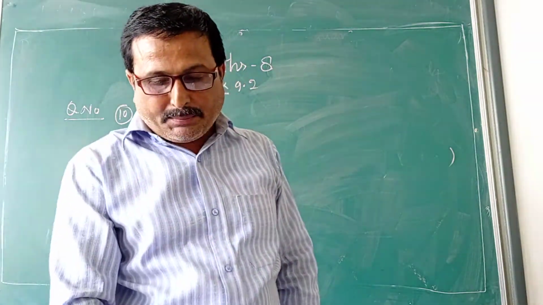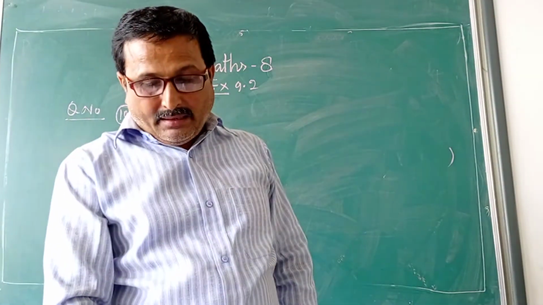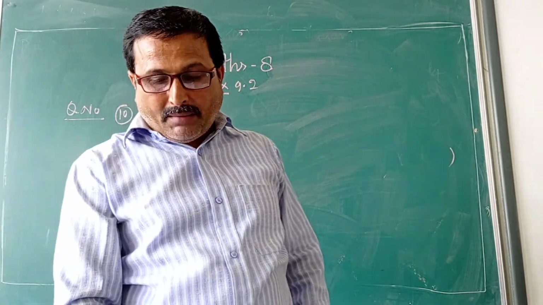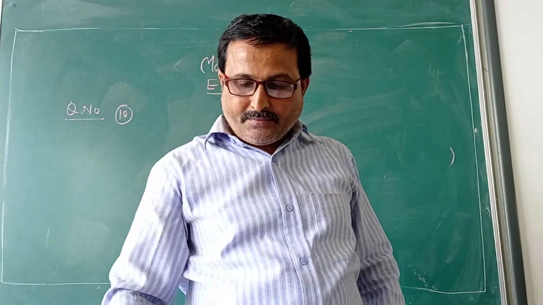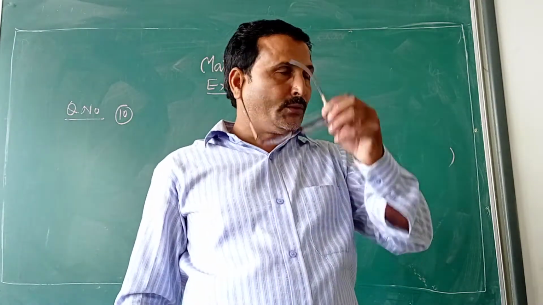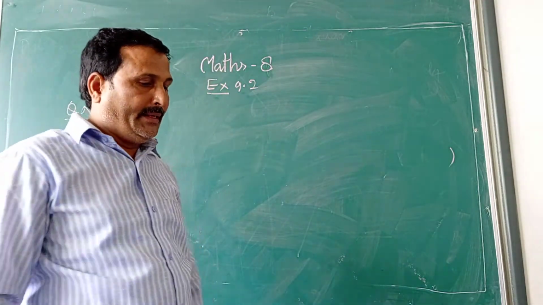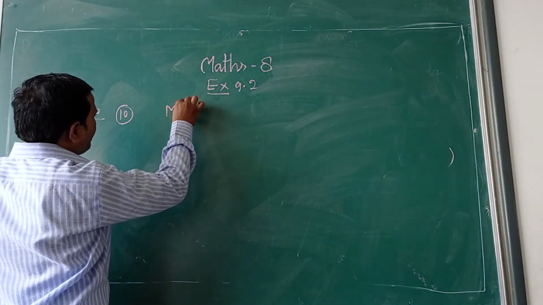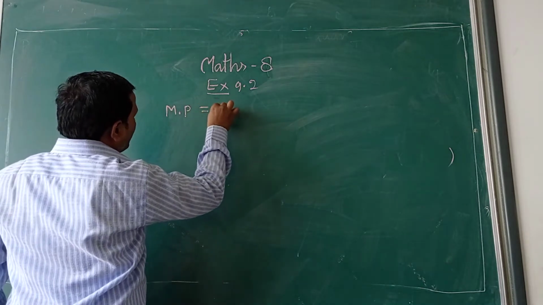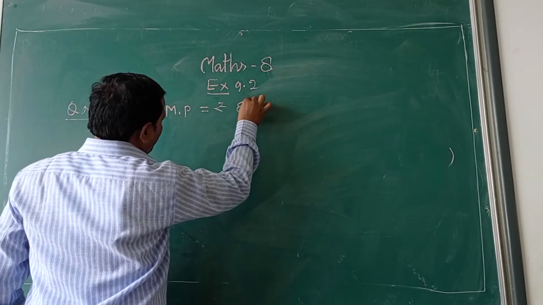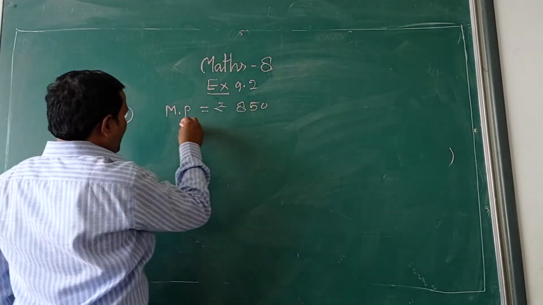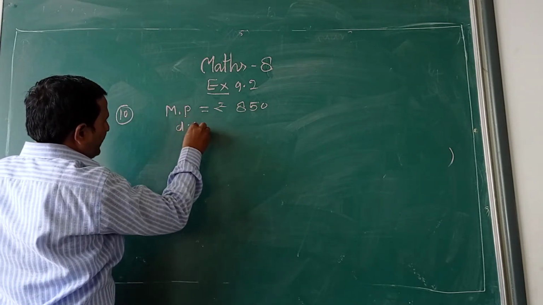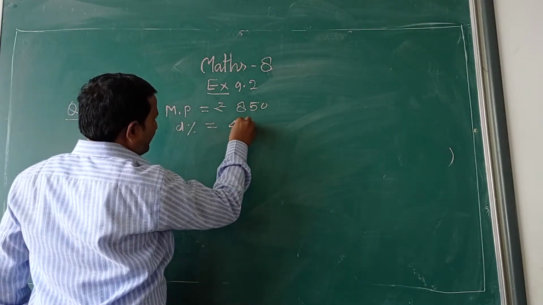What is the cost price of the shirt if the marked price is given as 850 rupees? In the question, the marked price is 850 rupees.